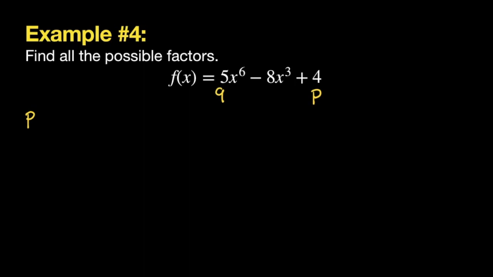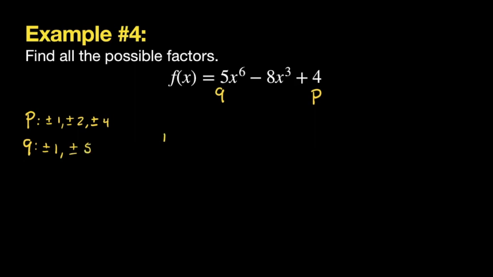So the factors of P are going to be positive and negative 1, positive and negative 2, positive and negative 4. And the factors of Q are positive and negative 1 and positive and negative 5.